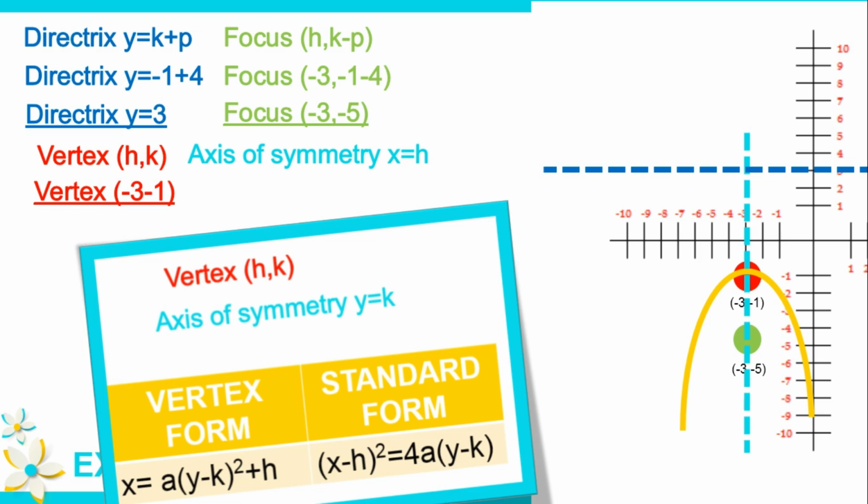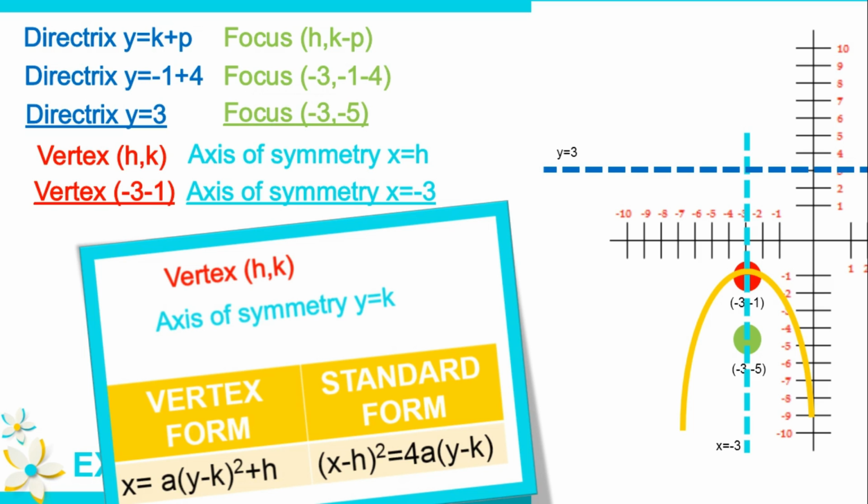So therefore, ang ihang formula nga gamiton, iyang equation is x, kabaliktaran. x is equal to h. And h is equal to negative 3. So, muna na siya ang vertex, axis of symmetry, directrix, and the focus. And now, don't forget to write the equation sa directrix, y is equal to 3, and the axis of symmetry is x is equal to negative 3.